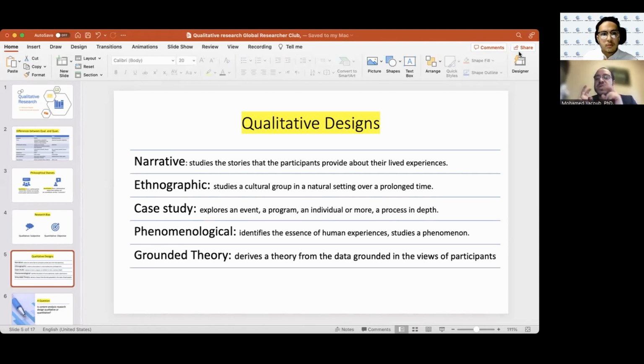We use the phrase lived experiences, the lived experiences of one person or more. They could be 2 or 3, depending on your number of participants. So you're interested in their stories.